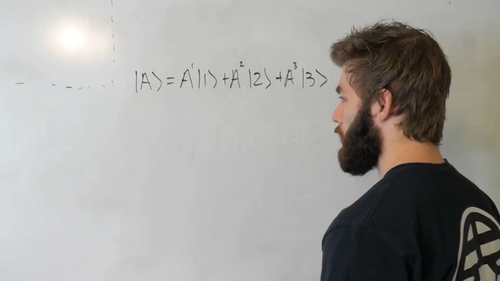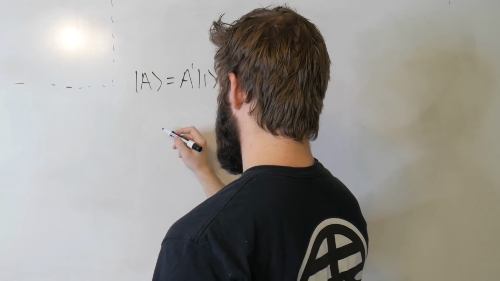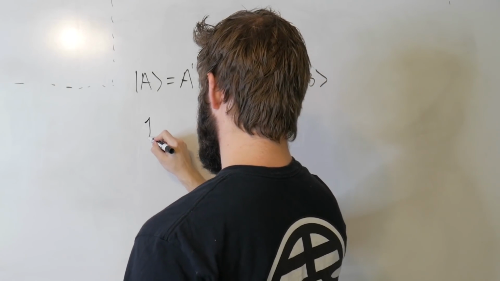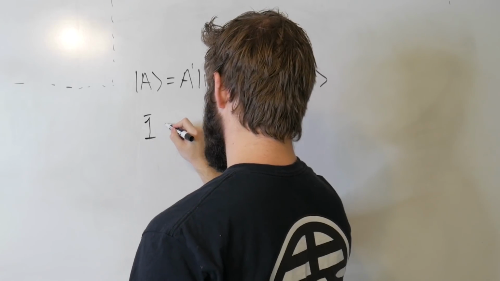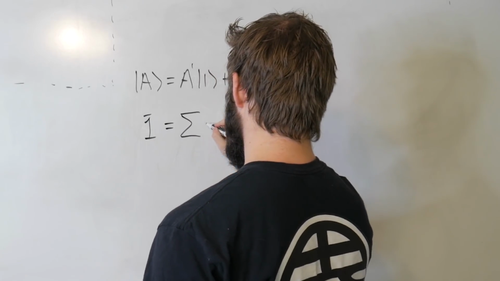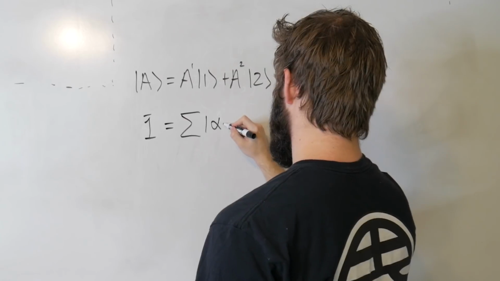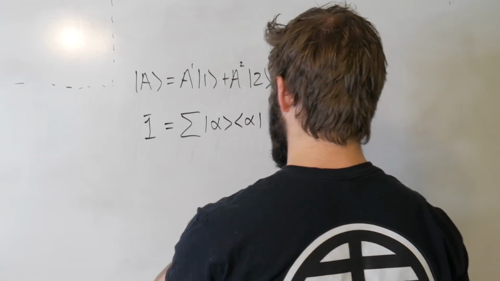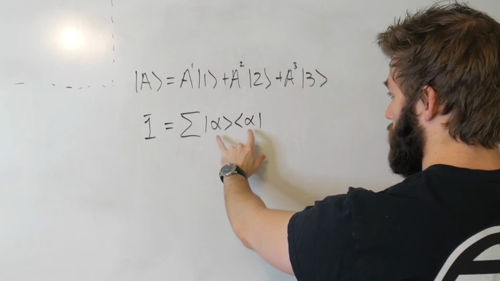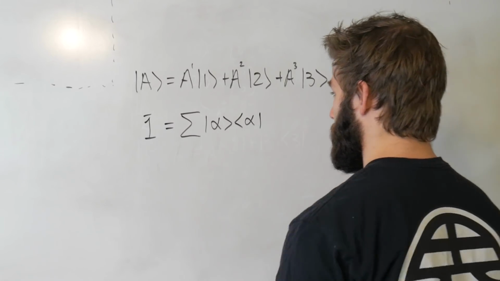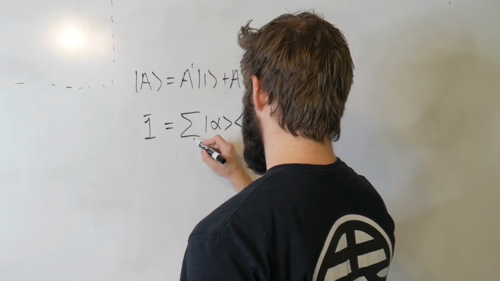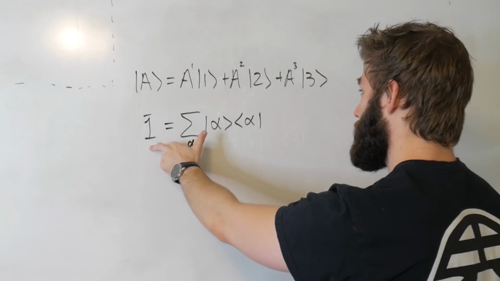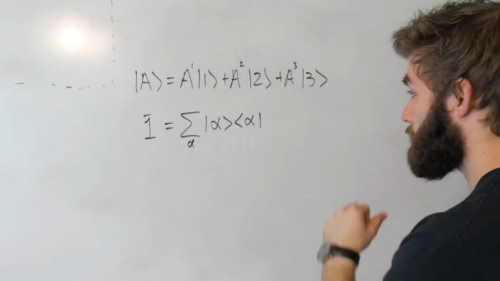So what we can do now is we can start with the completeness relation. If we have some set of orthonormal basis vectors, the sum of their outer products, summed over alpha, gives us the identity matrix. That's what we just did here.